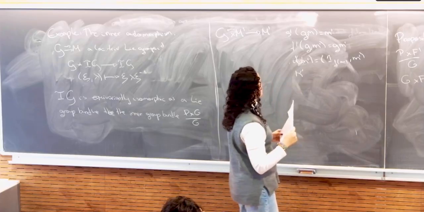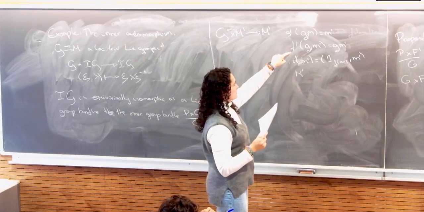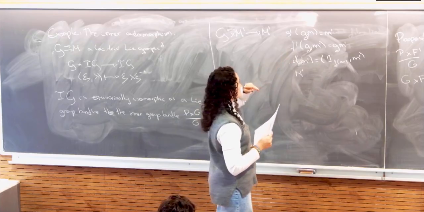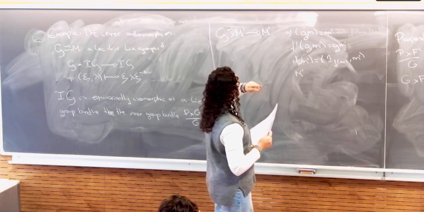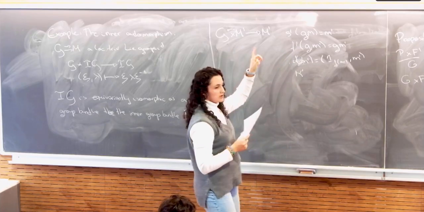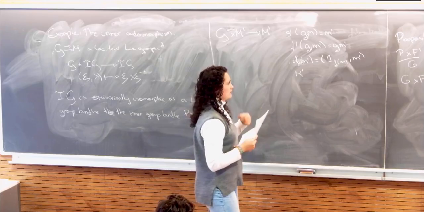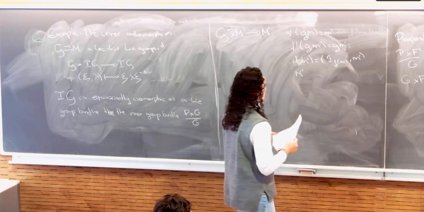I'm writing it with prime to differentiate it from the structure maps of the groupoid G, because we are going to construct a different Lie groupoid that will be the action Lie groupoid.